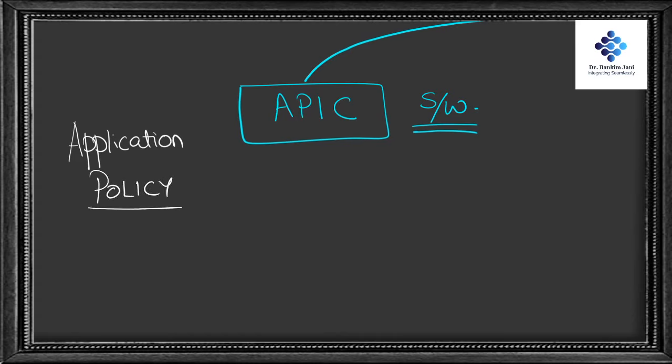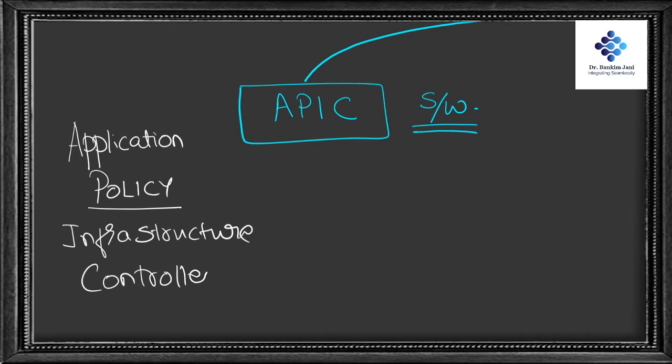This is the keyword. Application Policy Infrastructure Controller. Again, controller. Yeah, we started with controller, we are ending with controller. Oh yes, this is software, right?